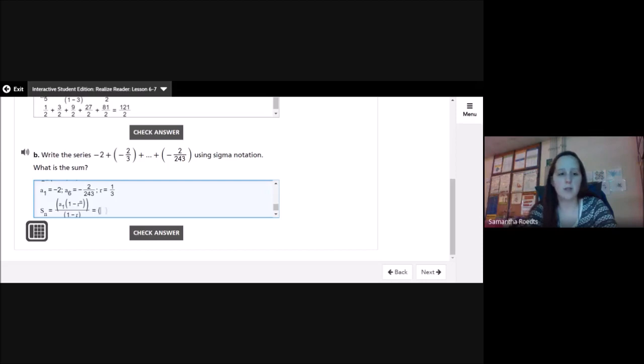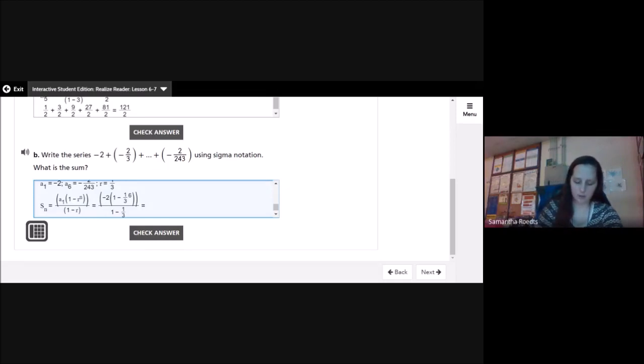So this is going to give me s sub 6 equals -2 times 1 minus 1/3 to the 6th power, divided by 1 minus 1/3. And let's see, which gives me -728/243.